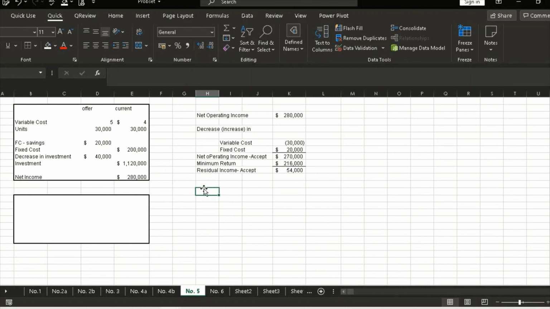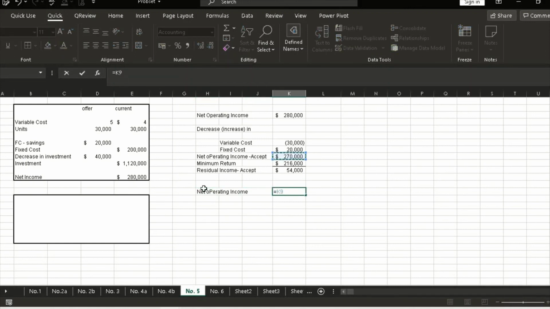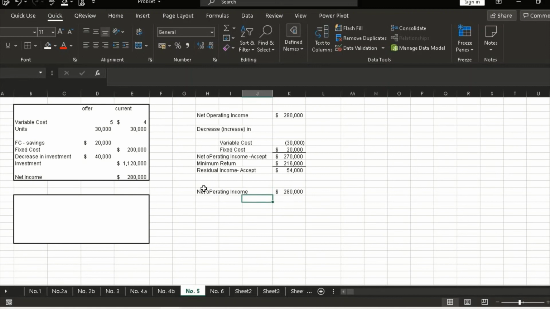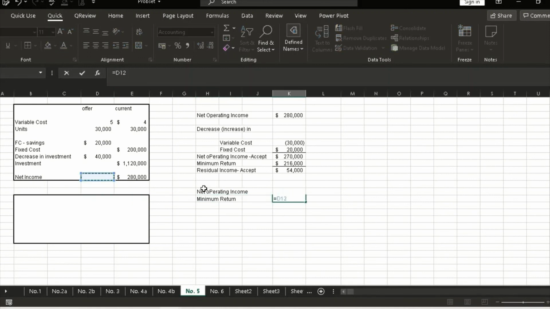To compute the residual income in case we will not accept, we'll just use the net operating income we computed earlier, which is 280,000, and deduct from it the minimum return required at the investment level of 1,120,000.